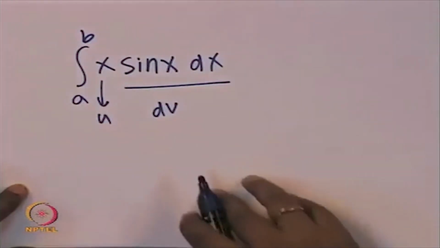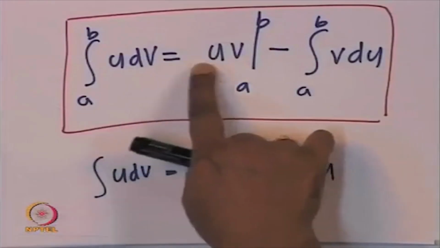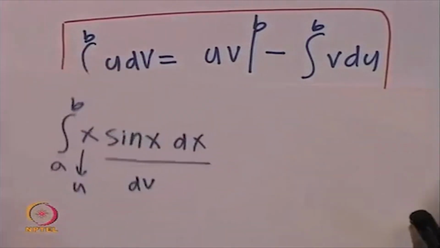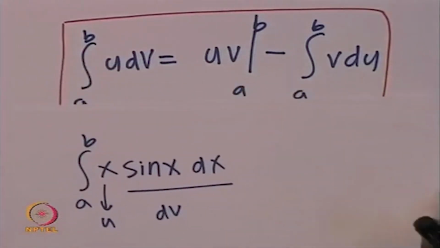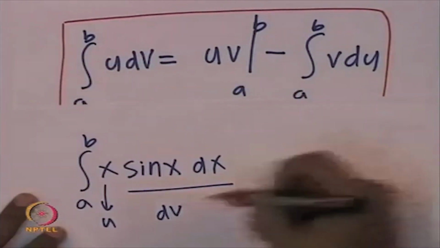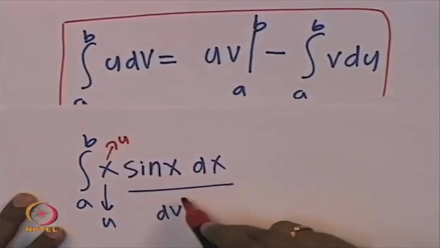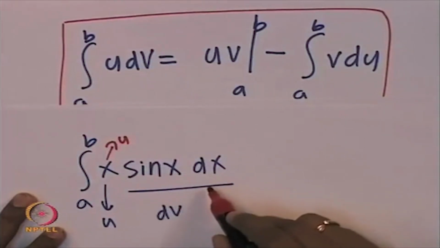Now we can use the formula that we learned, that integral u dv is equal to uv minus integral v du. Here u is x, so this is our u, and sin x dx is dv. Let us take it as dv.